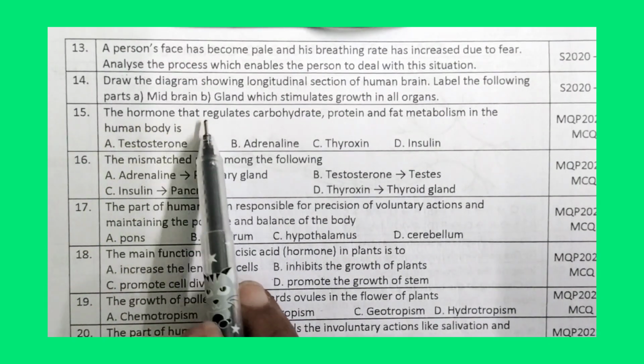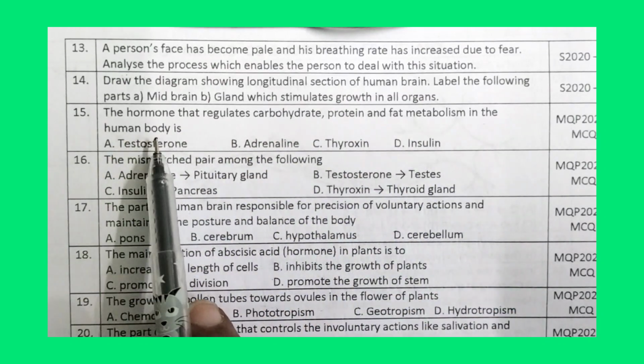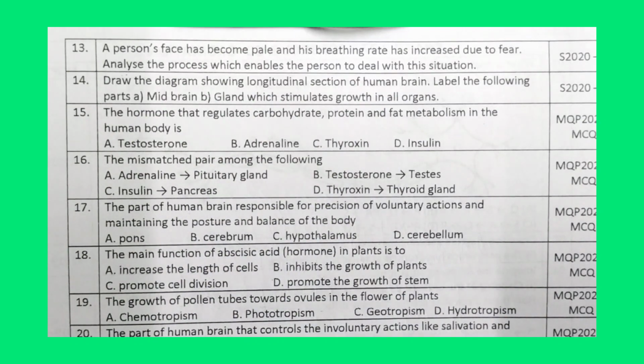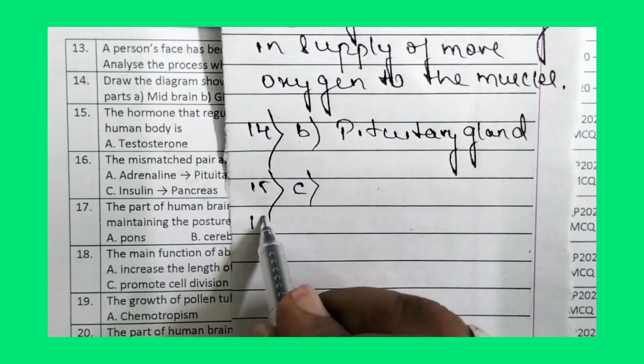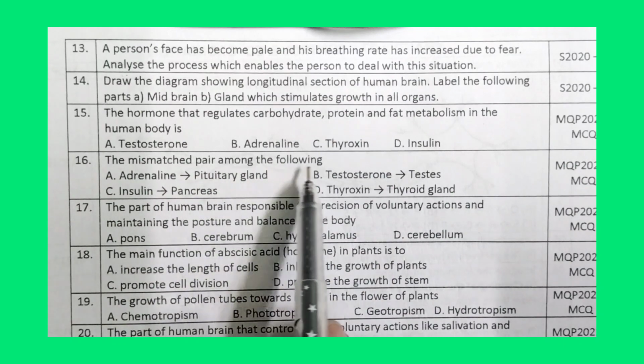15th is the hormone that regulates carbohydrate, protein and fat metabolism in the human body. So it is thyroxine, option C. Next, 16th question, the mismatched pair among the following.